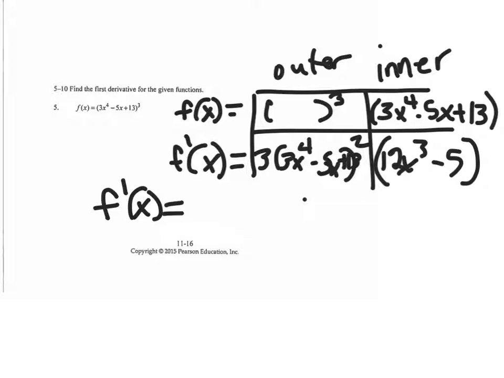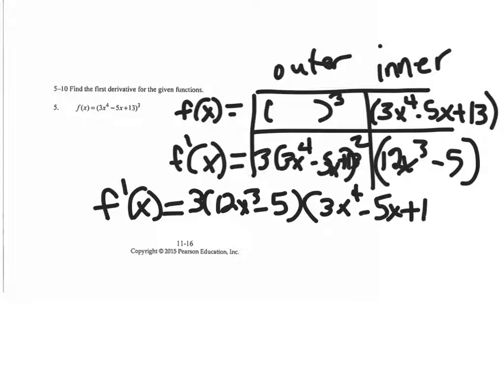Now, the only thing I would recommend is just as far as the order you write it in, you can decide if you want to switch things around. So I could put the 3 first, times 12x cubed minus 5 next, times, and then I would have the 3x to the 4th minus 5x plus 13 in parentheses squared at the end.